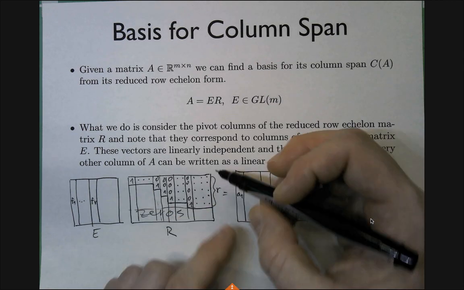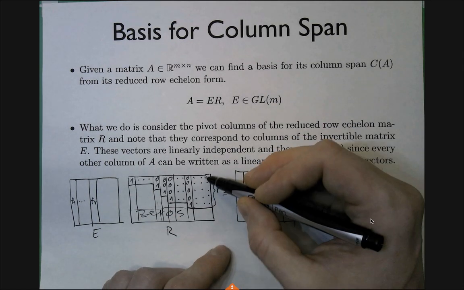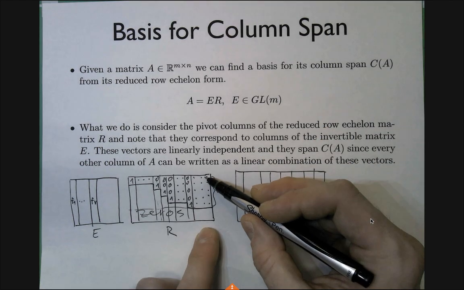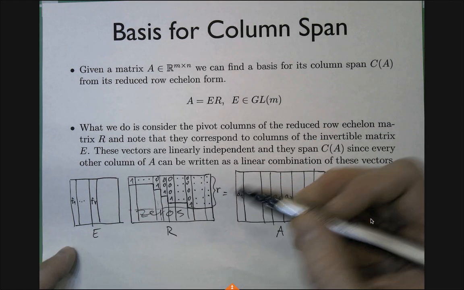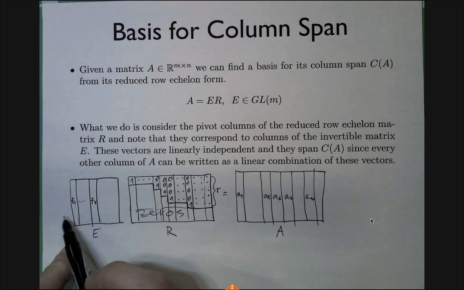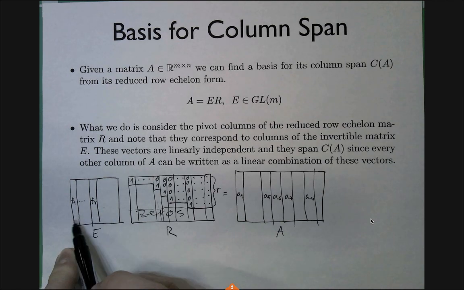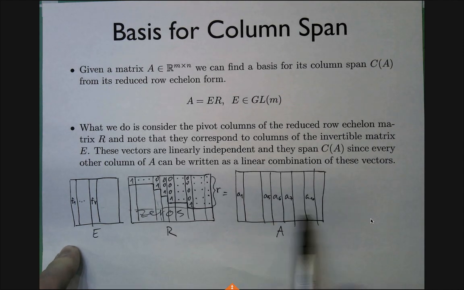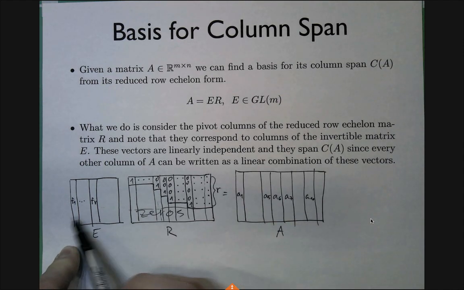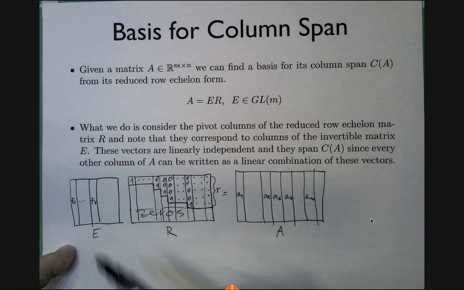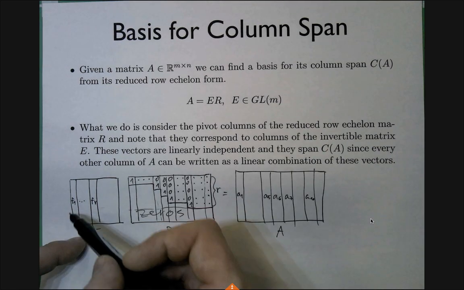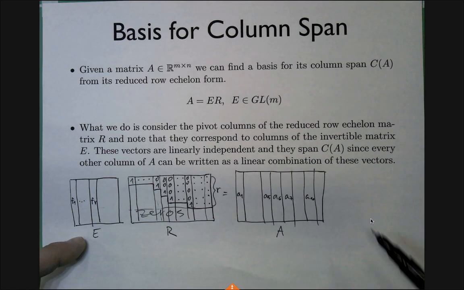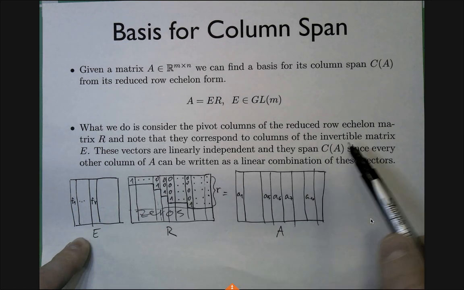If I pick a different one, like for example the last one, I get it by multiplying this column with the matrix E, right? Well, it's still a linear combination of the first R columns. Okay, so any column of A is a linear combination of the first R vectors of E, the F1 to FR, which means that they exactly generate the column span.